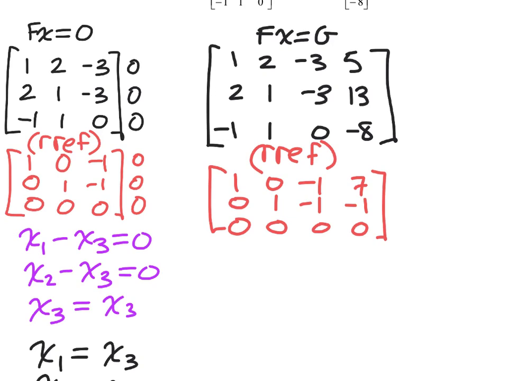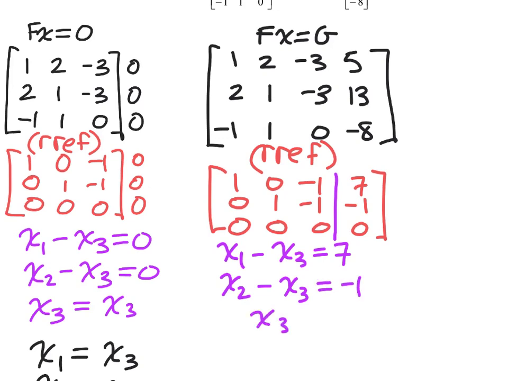So if it helps, draw yourself a little barrier to remind yourself that it's the coefficient matrix, the 3 by 3, and then the solution vector together that give you the augmented matrix. So x1 minus x3 equals 7. x2 minus x3 is equal to -1, and also x3 is equal to x3.